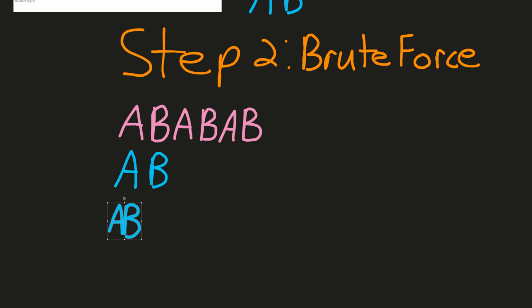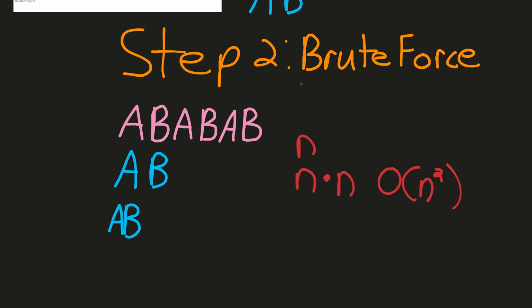So what would be the runtime of this? Let's say the length of the string is n. Well, you have to try every possible length of the smaller string, so that's n, and then you would have to concatenate it all together some number of times in order to make the top string. So that's going to be n again. So we would call this solution n squared.